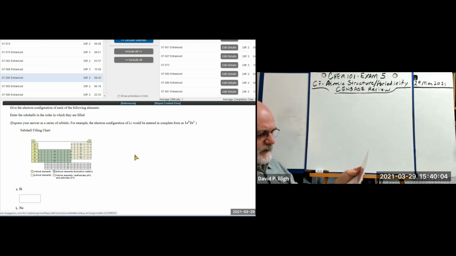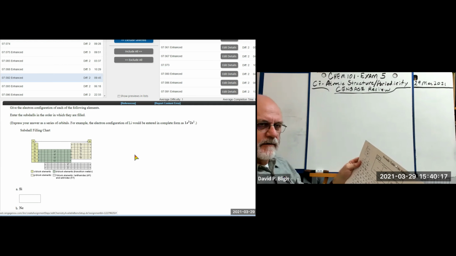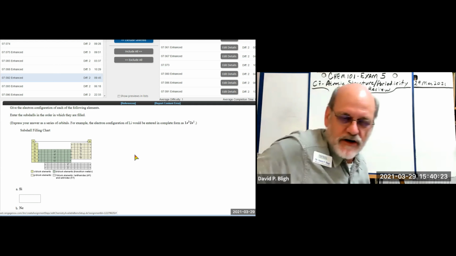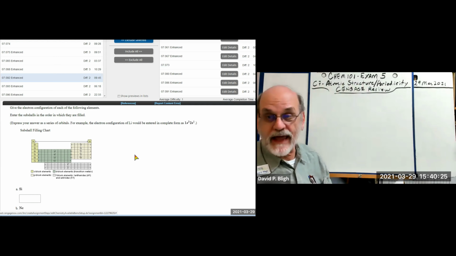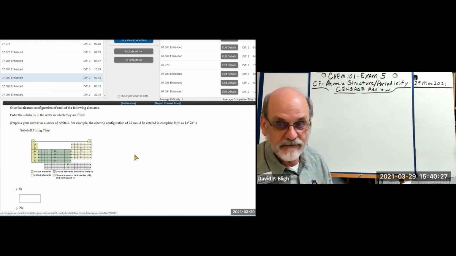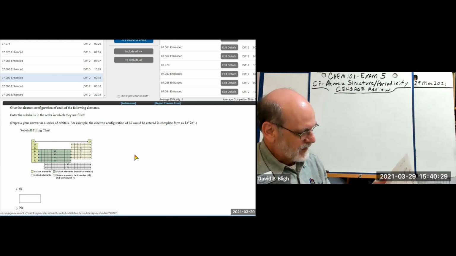Okay, if I pick a transition metal, I'm going to pick one that abides by the rules. I showed you during our lecture that we came across a couple that didn't fit the rules. So I'm going to pick one that does abide by the rules.